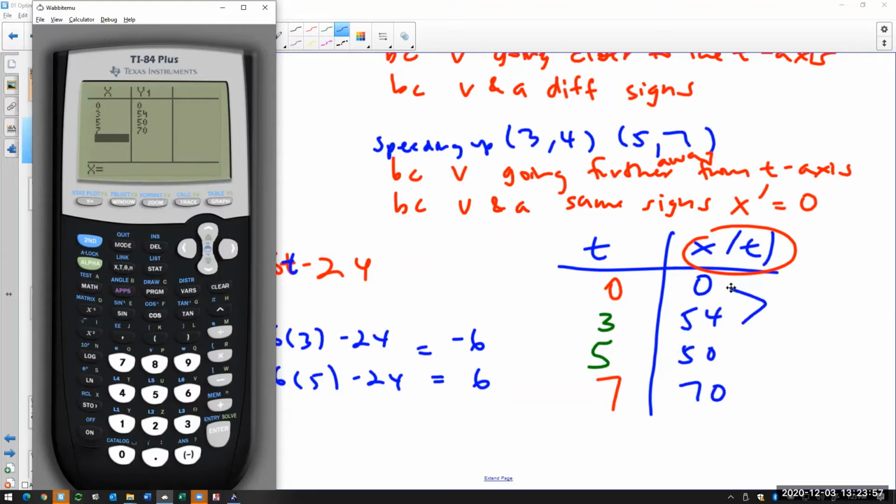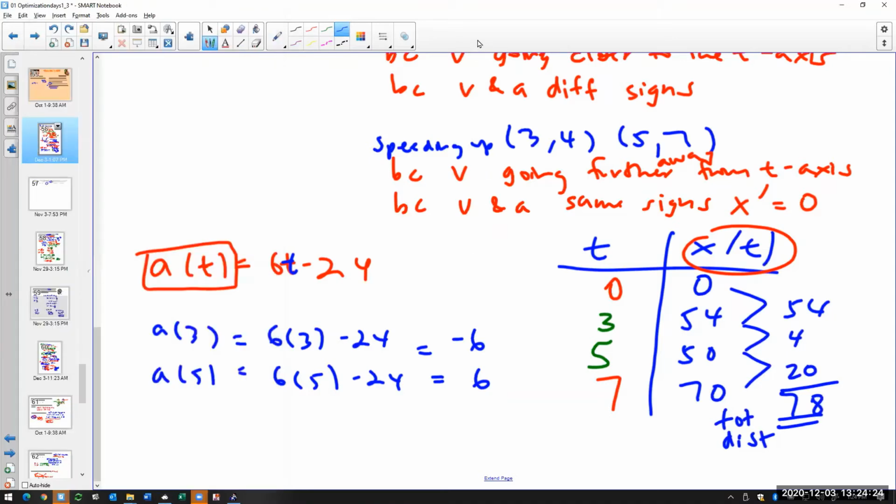If I'm at 0 on the number line and I go to 54, what total distance did I travel? 54. If I'm at 54 and I walk to 50, what total distance did I travel? 4. What about between 50 and 70? 20. Add all these numbers together, and that is your total distance.